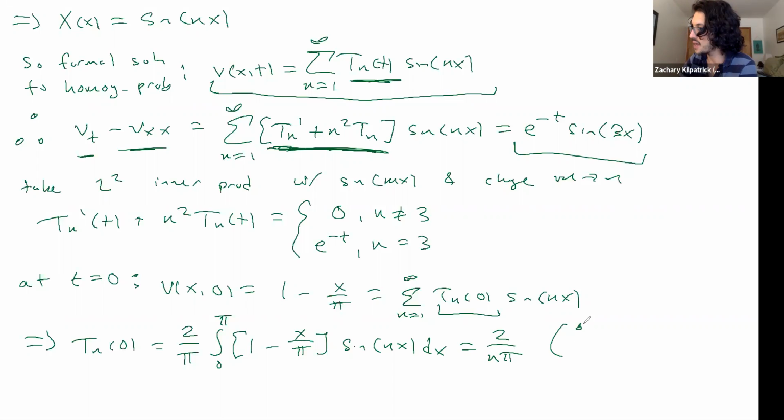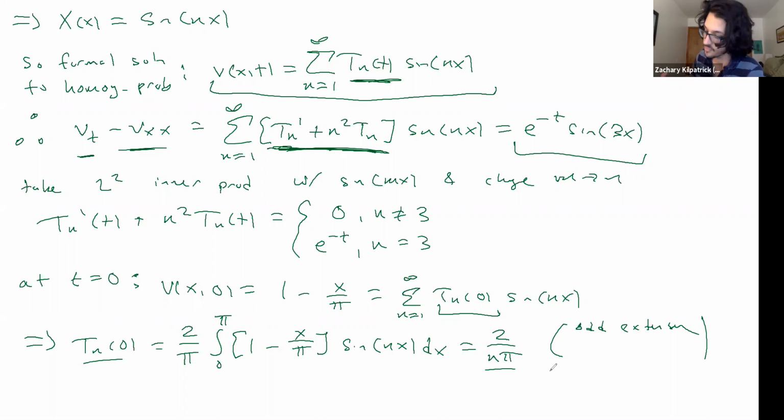I had to use an odd extension here in order to justify this integral, because that's how they would be L2 inner product orthogonal to each other. And then I essentially used an odd extension also of the initial condition. So Tn of 0 is just equal to 2 over n pi.